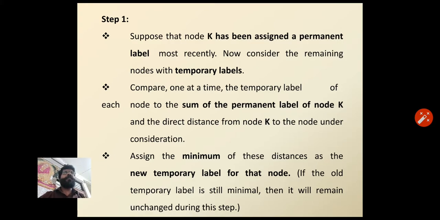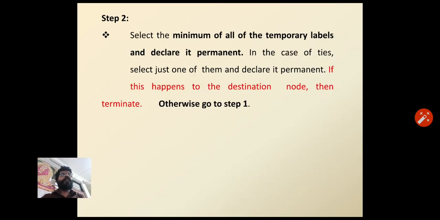If the old temporary label is still the minimum, then it remains unchanged during this step. After calculating the minimum distances, select the minimum of all the temporary labels and declare it permanent. In the case of a tie, select just one of them and declare it permanent.